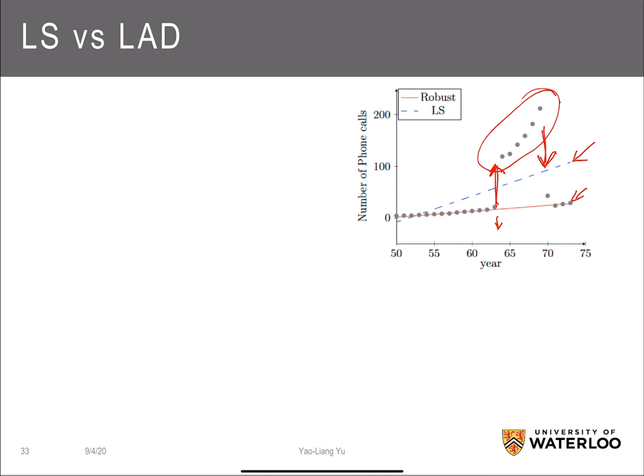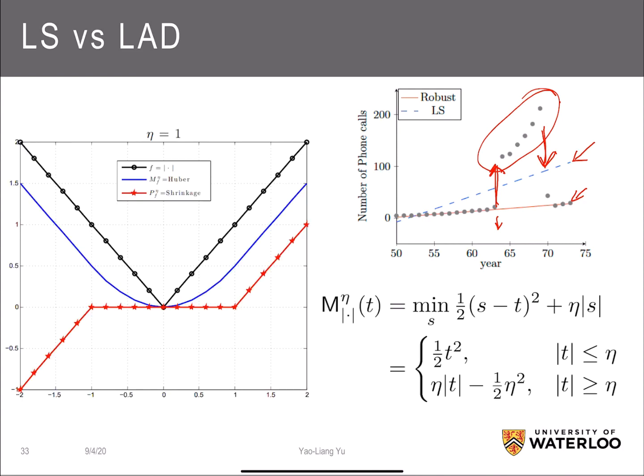Here's an example to show you. If you use L1, namely the absolute value function in black, it's not differentiable here. This is the difficulty. How do we deal with this non-differentiability? We're going to have algorithms that can deal with that. We can also smooth the loss function.